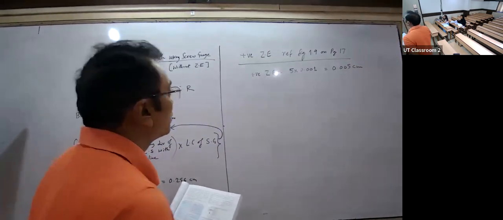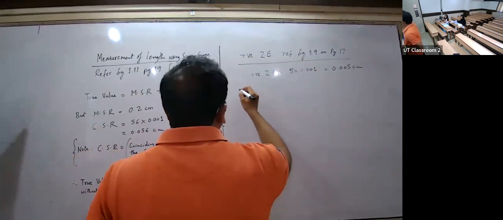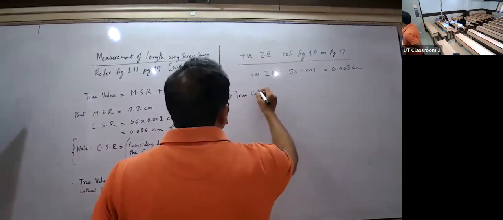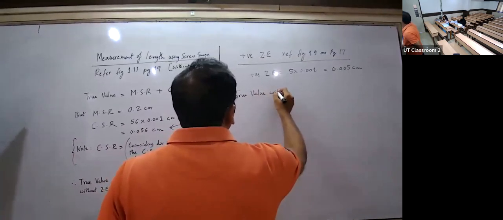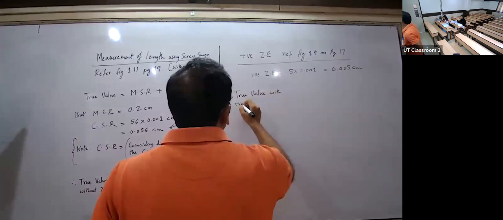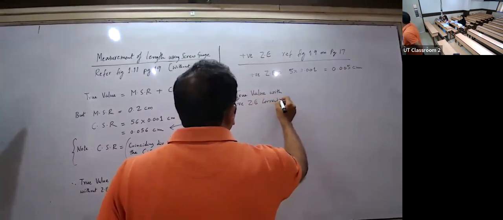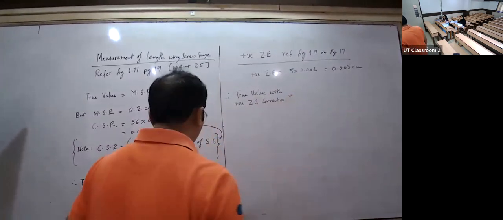So with positive zero error correction for the true value, with positive zero error correction, how much is it?